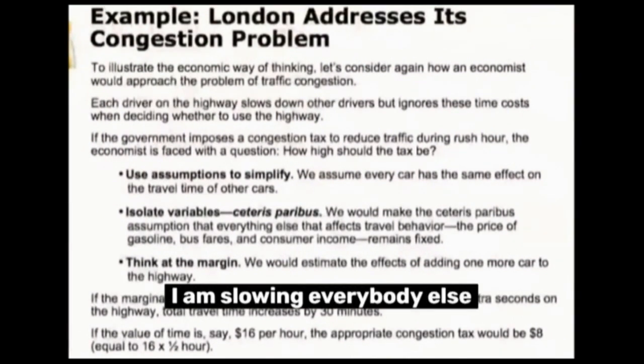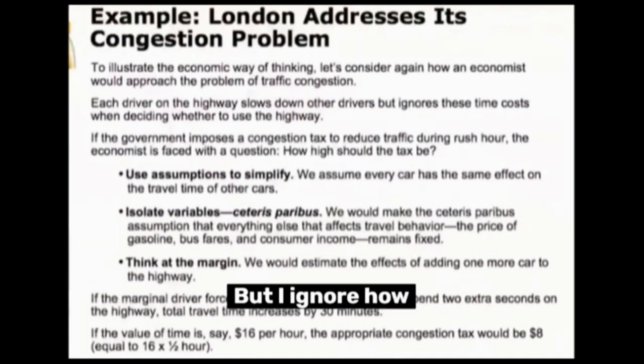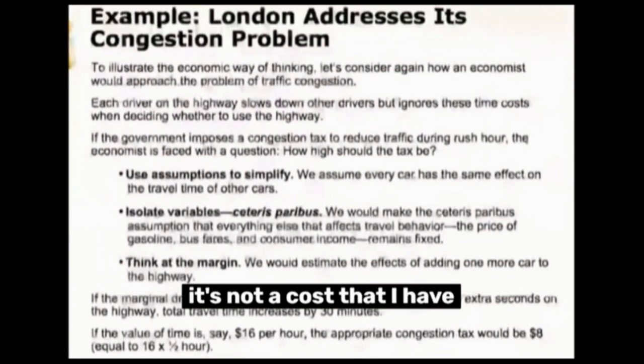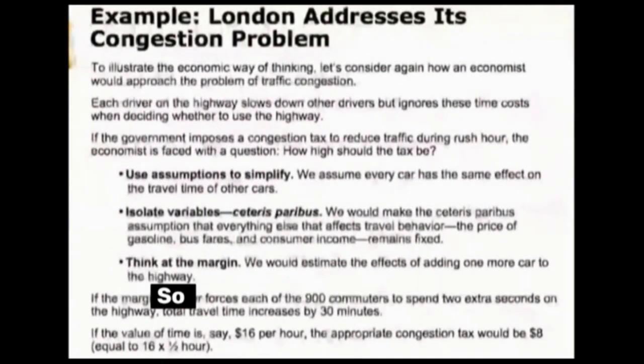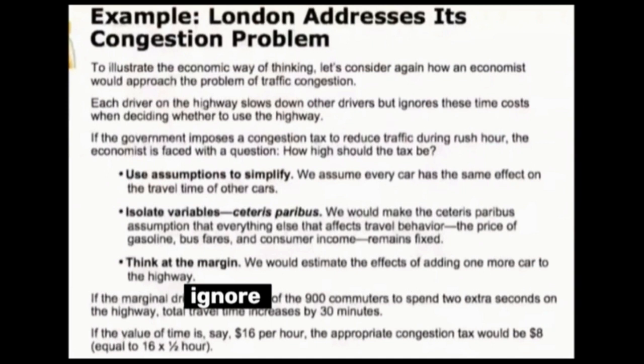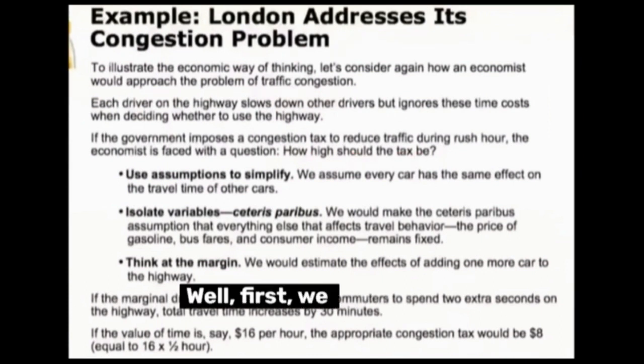When I get on the freeway, I am slowing everybody else down. But I ignore how my entering the freeway slows everybody else down because it's not a cost that I have to incur. So the economic way of looking at it is to impose a congestion tax that gets me to not ignore these time costs. So the question we want to answer is, how high should the tax be?